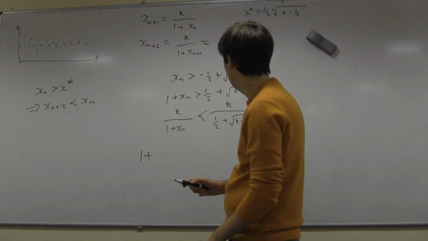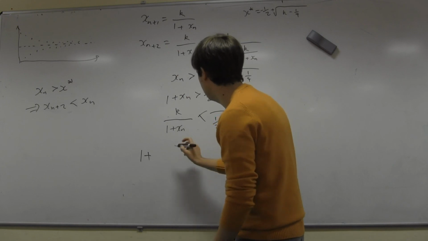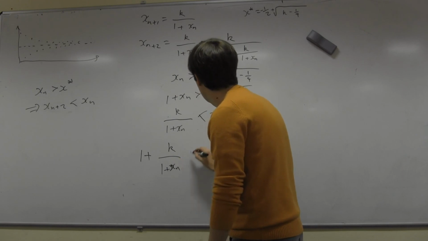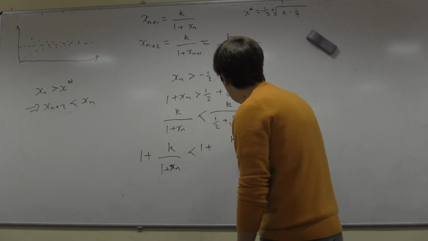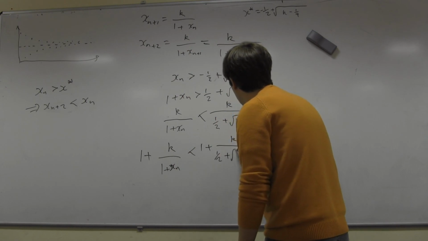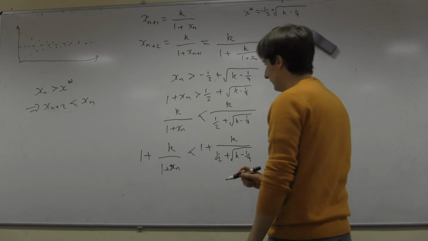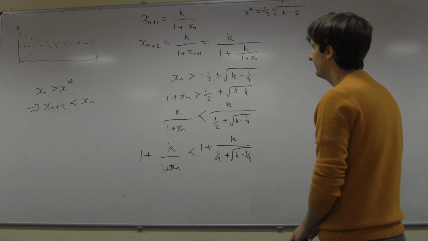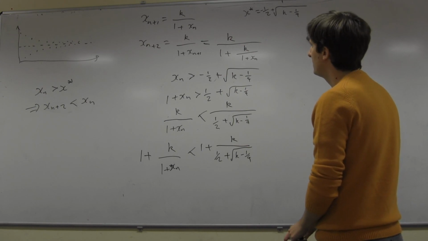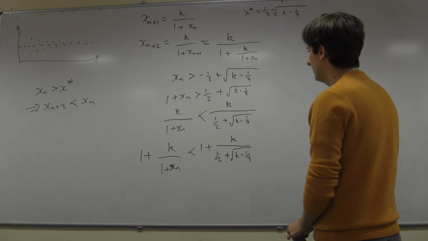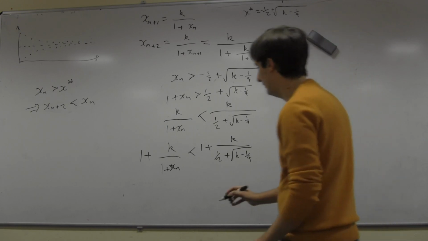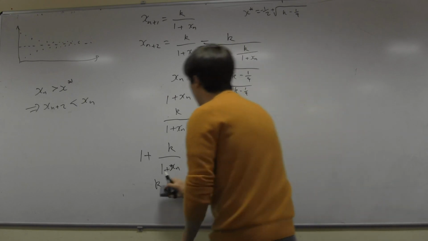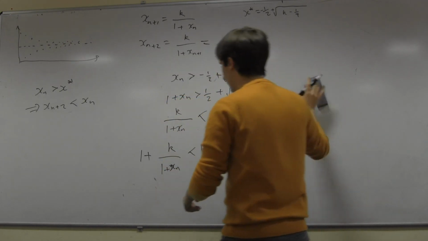Everything's been positive, so we haven't done anything wrong so far. So remember, final step, we want to do k divided by all of this.